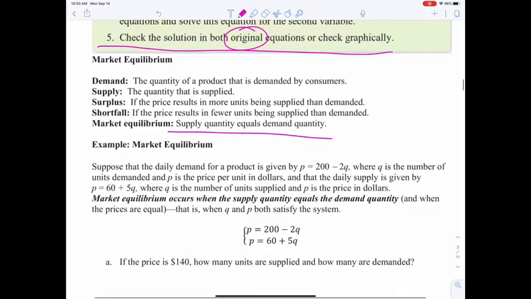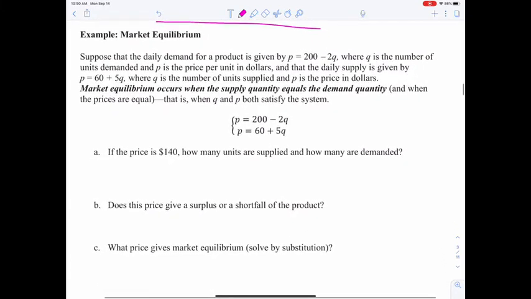Okay. So here we go. Here's an example, market equilibrium. Suppose the daily demand for a product, so here's the demand equation, that one right there, and we're just going to make a little note here. We're going to say this is the demand equation, where Q is the number of units demanded, P is the price per unit in dollars, and daily supply is given by the second equation down here.